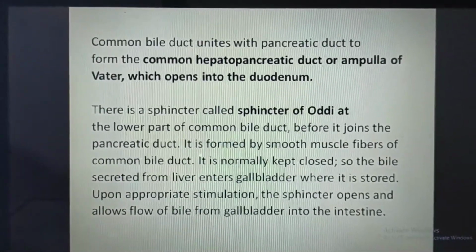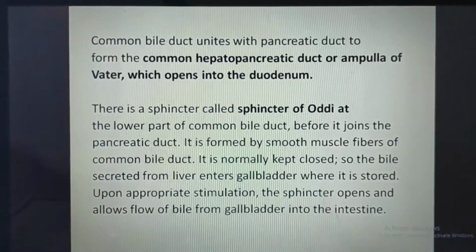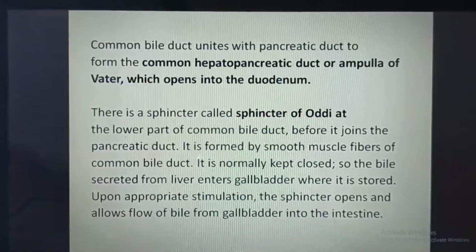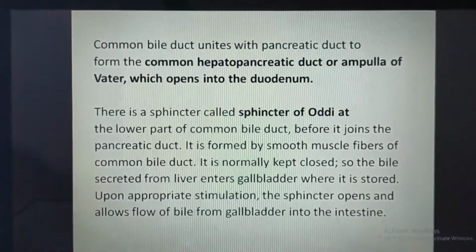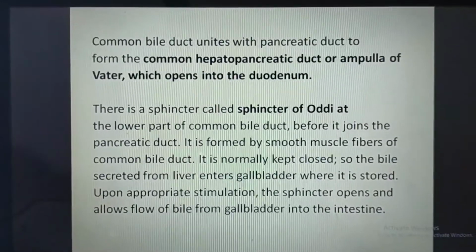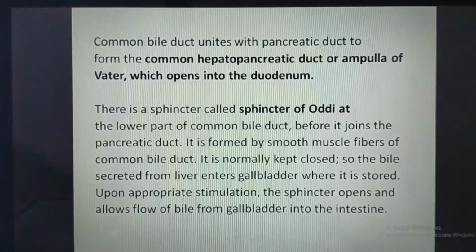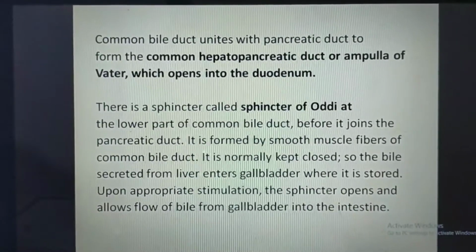the duodenum. There is a sphincter called sphincter of Oddi at the lower part of the common bile duct, before it joins the pancreatic duct. It is formed by the smooth muscle fibers of common bile duct. It is normally kept closed, so the bile secreted from the liver enters gallbladder where it is stored.